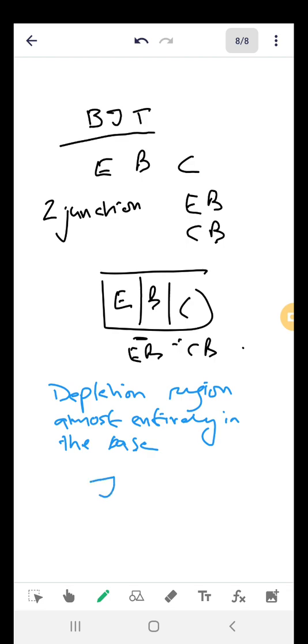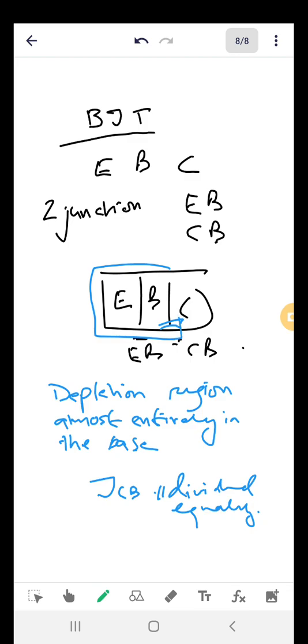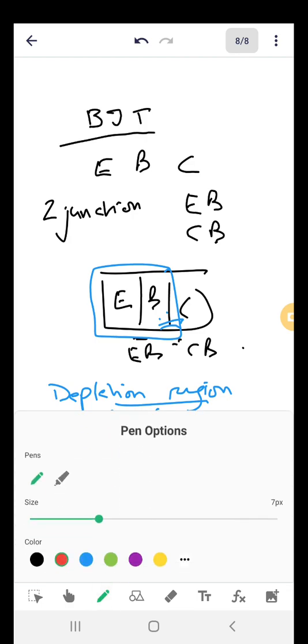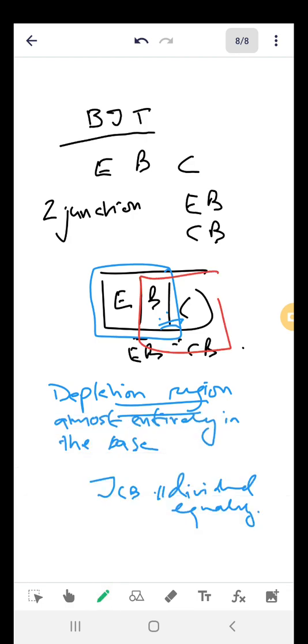And at the junction between the collector and base, the depletion region is divided equally. So when we are talking about the emitter-base junction, the depletion region is entirely in the base, whereas at the collector-base junction, the depletion region is divided equally between the base and the collector.